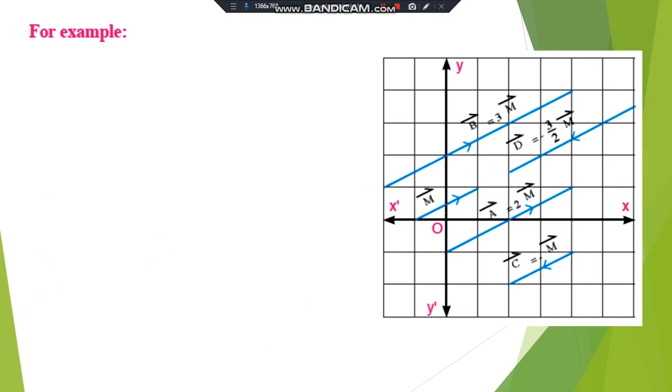Let's have an example. Vector m is represented by, we have here 2 units, then up 1 unit, so it will be 2 and 1.